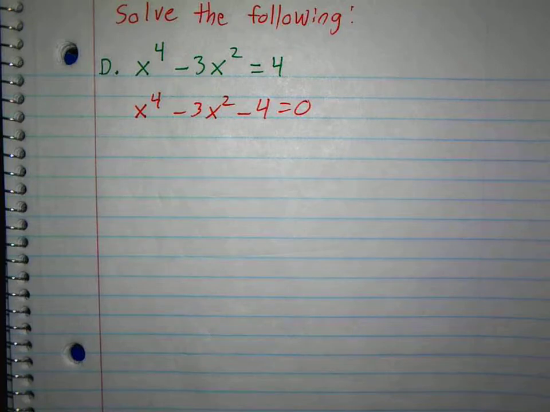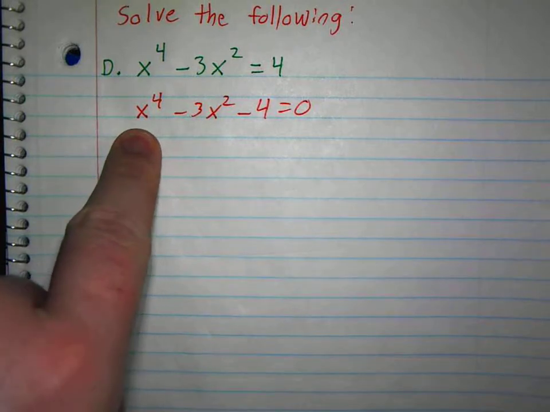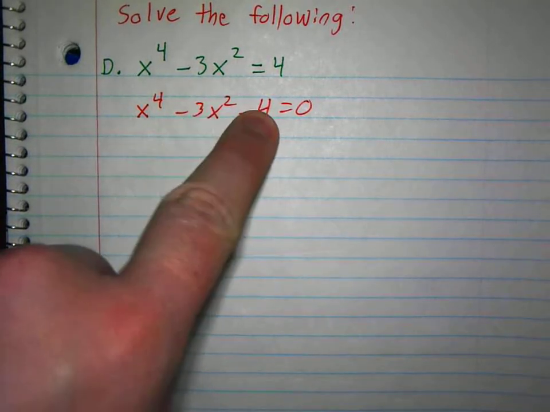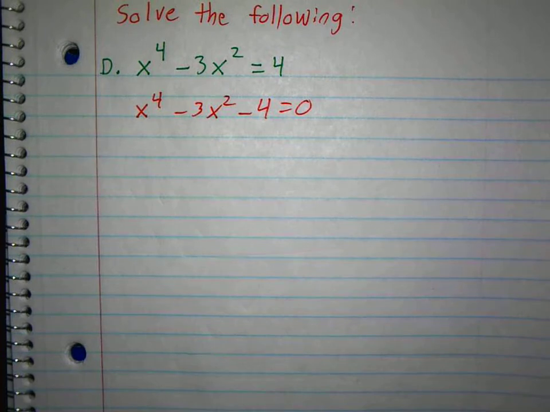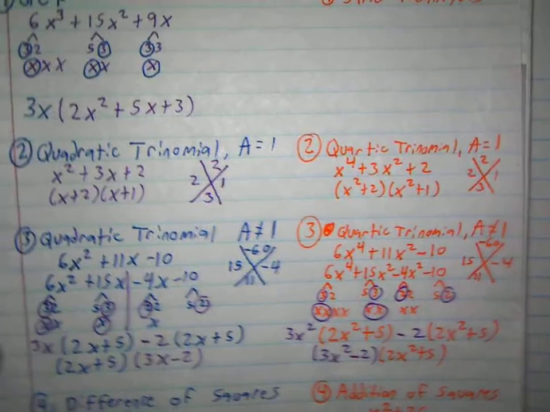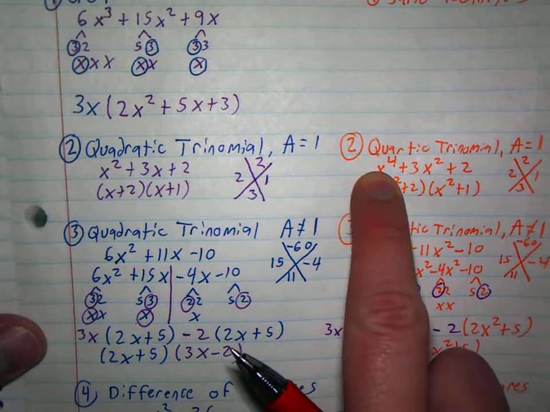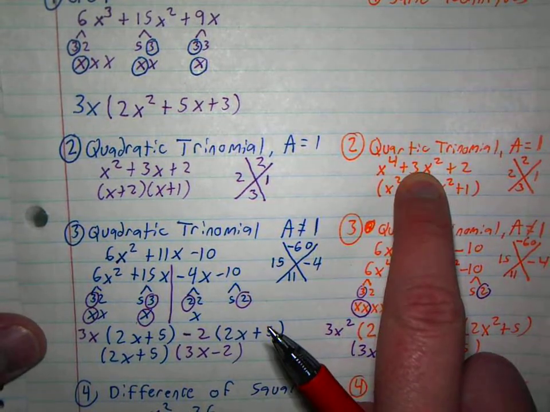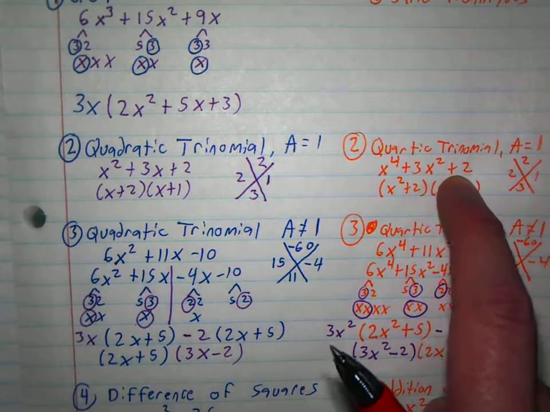Alright, so how can I factor this? Have we learned a way that if you have to the 4th power, to the 2nd power, constant, do we know of a way to factor that? So let's look over here, right? When I had to the 4th power, to the 2nd power, constant, let's look at what we did here.